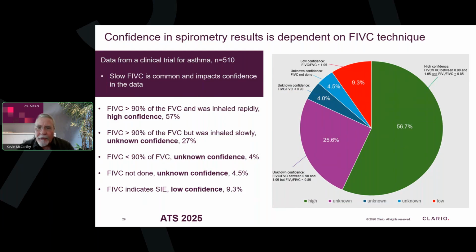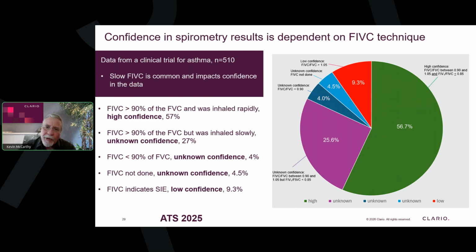So 57% of the data, if I was a sponsor looking at that, I'd say I have high confidence that that data really represents the best that patient could do on that day. So the purple wedge, the next largest one, represents measurements where the FIVC volume suggested full inflation was at the start of test, but the volume that they inhaled was slow.